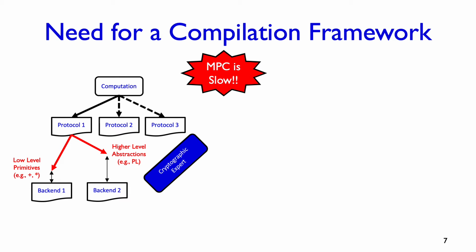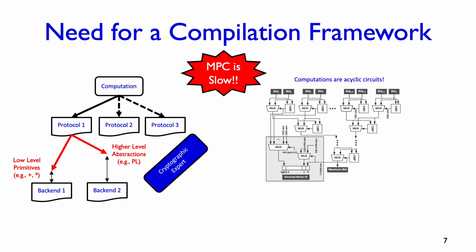Since secure MPC applications are inherently slow, performing optimizations to improve performance is critical to get an acceptable runtime for your applications. In almost all secure MPC protocols, computations are abstracted as acyclic circuits. Hence, optimizing the circuits requires some level of circuit optimization expertise.